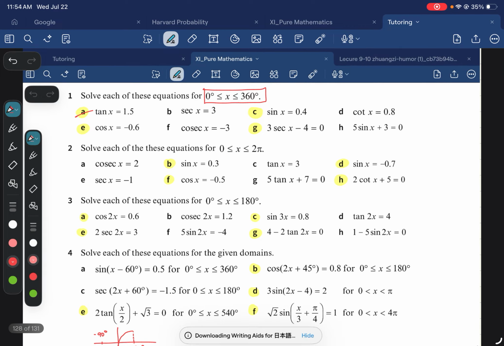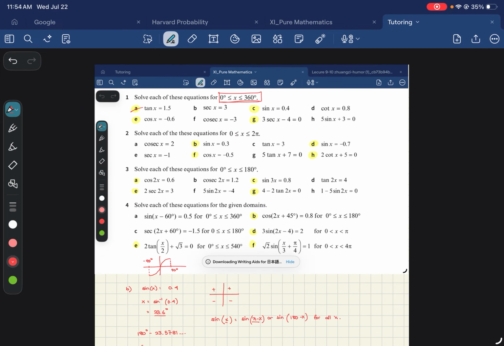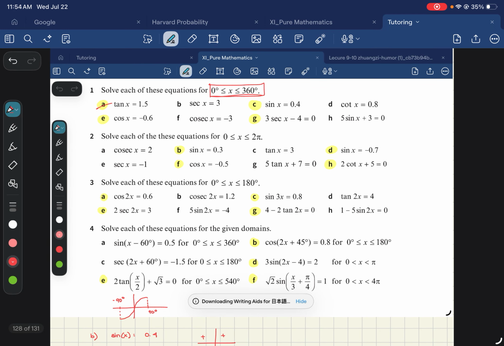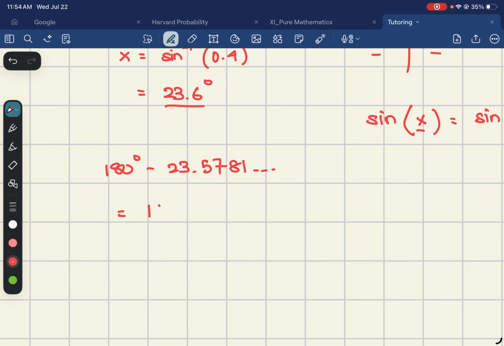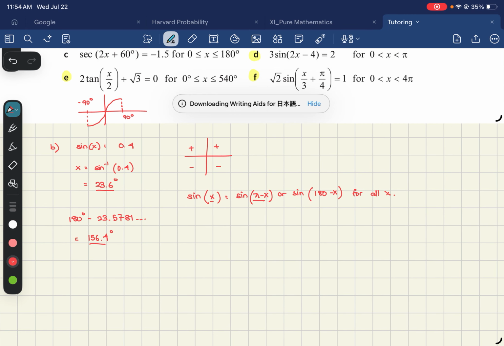For 0 to 360 degrees, we're going to have two answers. That's not true if the domain restriction is different; we have to think a bit more. So 180 minus this angle gives me 156.4 degrees. If you check, this angle is in the second quadrant.